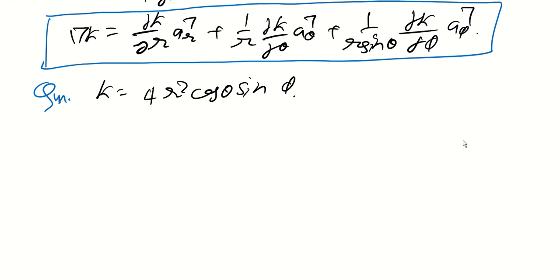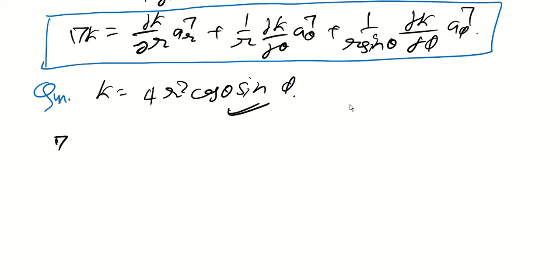Even if you don't remember the spherical coordinate formula, whether it was 1 by r or r sin theta, or r square sin theta or r cube cos theta, just don't bother about it at all. You just remember 1 by h1 dou k by dou r, dou k by dou theta, dou k by dou phi, h1 h2 h3 will come in as multipliers, then differentiate accordingly.